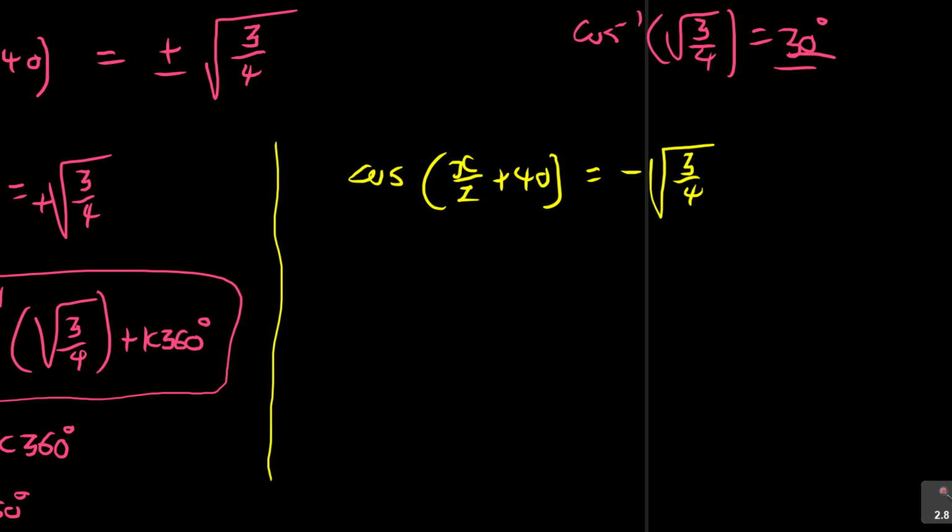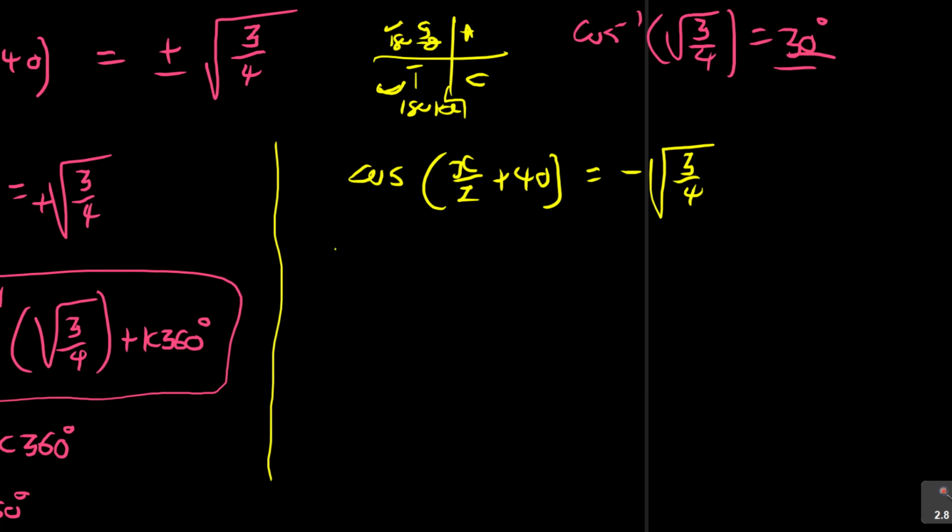So now if I'm to simplify the first one, remember again, if I'm to use a CAST diagram to say all students take chemistry, the negative sign means we are in this quadrant and that quadrant, and in this quadrant is 180 minus theta, the other one is 180 plus theta. So now that's what we're going to be using.